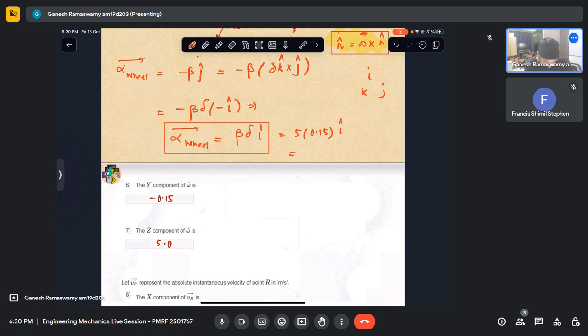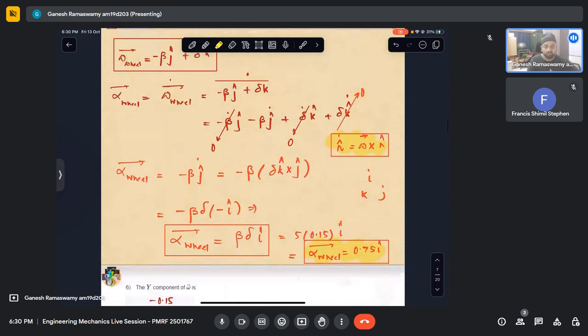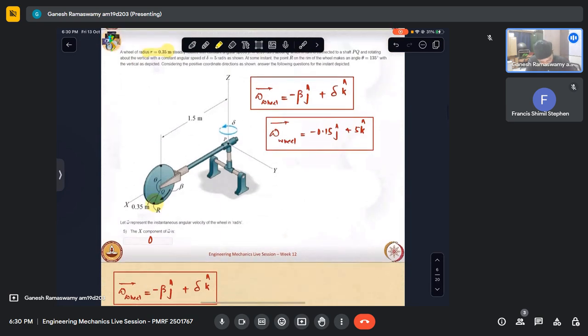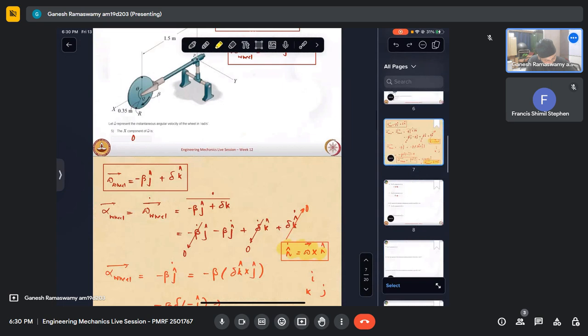So alpha of the wheel is 0.75 I cap. So for the wheel, we have been able to gauge what is omega, what is alpha. Next, we will focus on this point R, for which this is asked. So let us go about doing that.